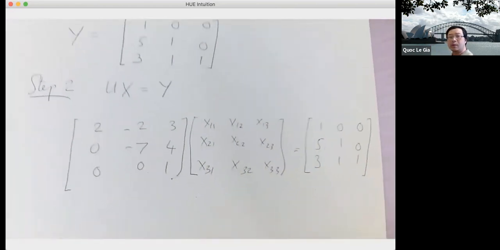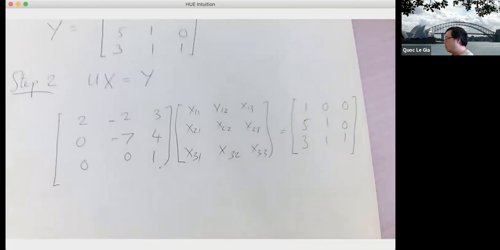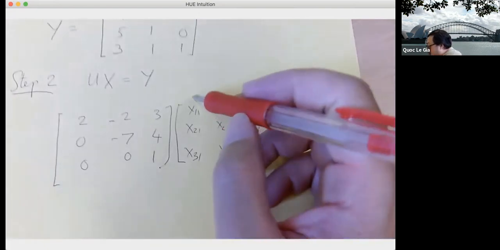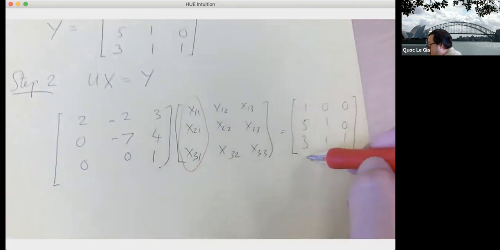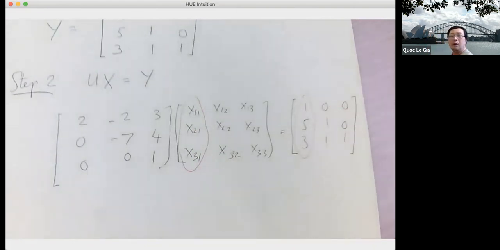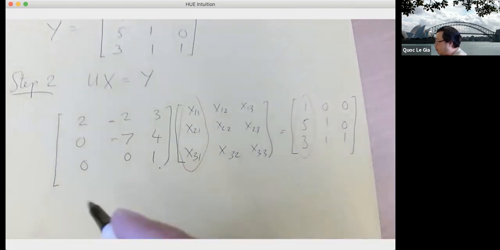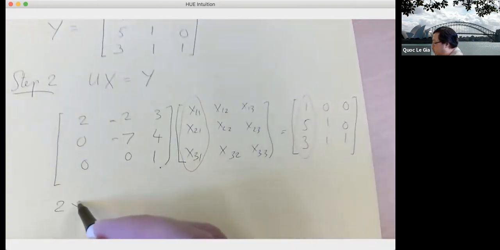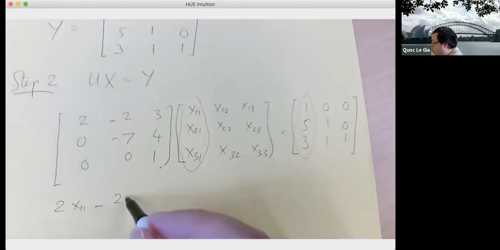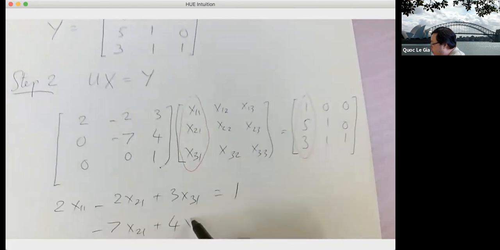We use the same technique. Now you just solve for the first column first. I have 2x11 minus 2x21 plus 3x31 equals 1. And I have minus 7 x21 plus 4 x31 equals 5. And the last one is just x31 equals 3.